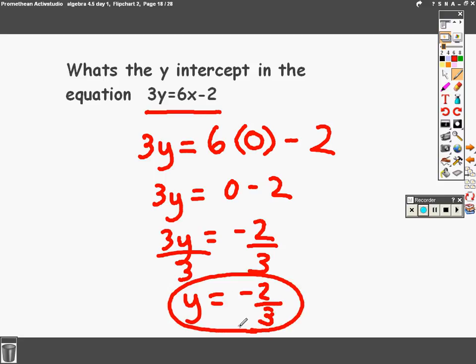Well, that's my y-intercept. So the point where my line hits the y-axis, this is my grid, would be at 0, comma, negative 2/3. And the point would be like this. The x is 0, the y is negative 2/3. And that would be my y-intercept.